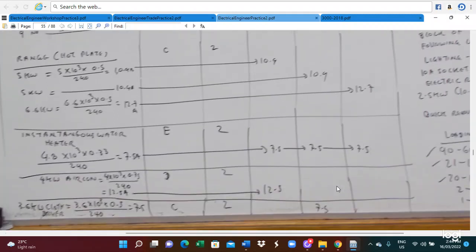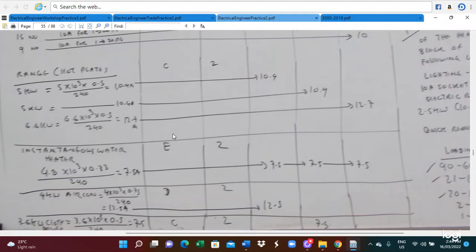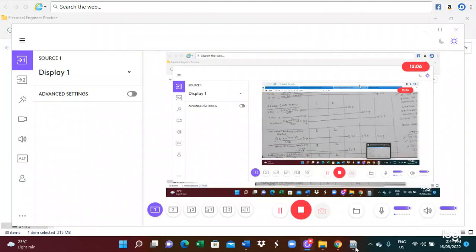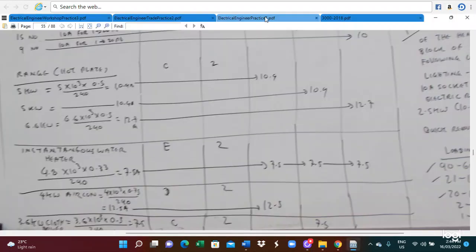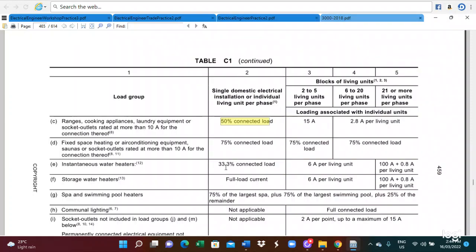And we also see the instantaneous water heater, located on the red phase, white phase, and blue phase. For the instantaneous water heater, we have to find its load group. The load group is E, so it should be 33.3% of the connected load.